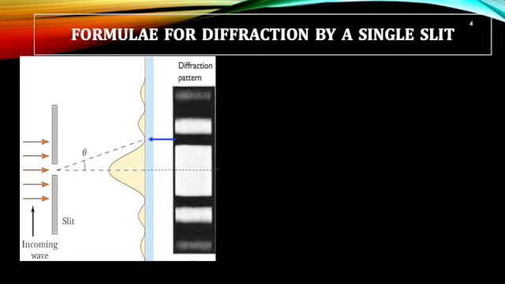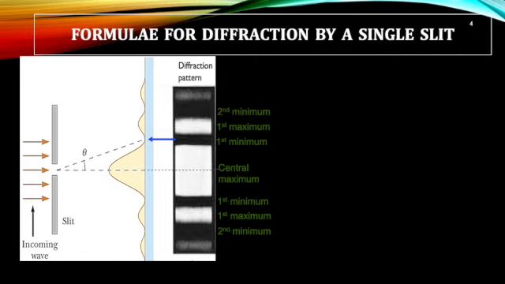This diagram shows how to get the formula of diffraction by a single slit. We have the central maximum, and the dark one is the first minimum, the bright one is the first maximum, and dark is the second minimum. The last one is the second maximum for bright.